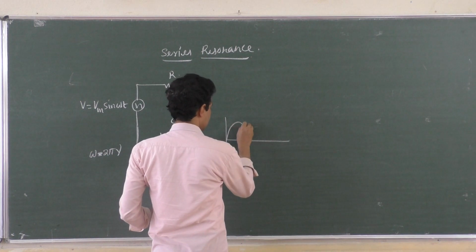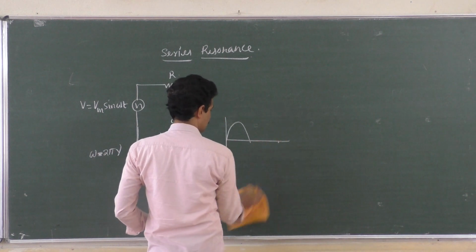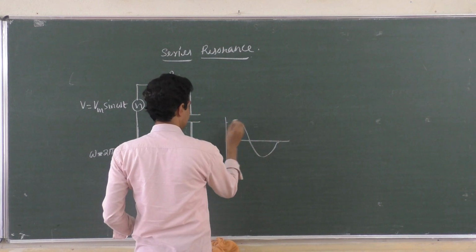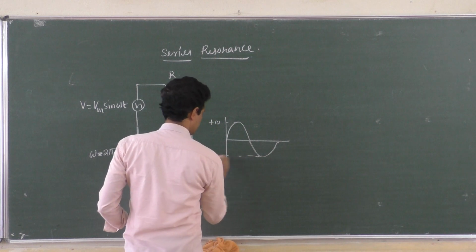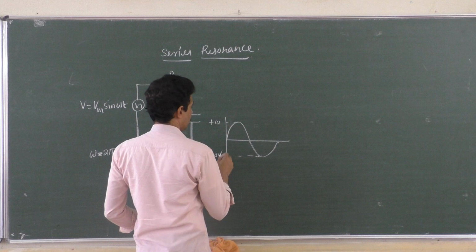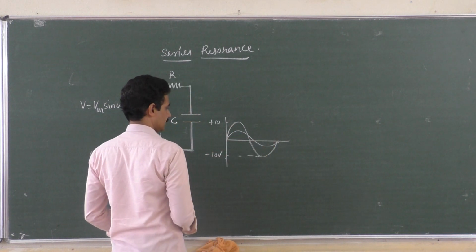So you can change the peak to peak value, right? You can make the voltage vary from plus 10 to minus 10, right? Or you can change the amplitude from plus 5 to minus 5 like this, without changing the frequency.